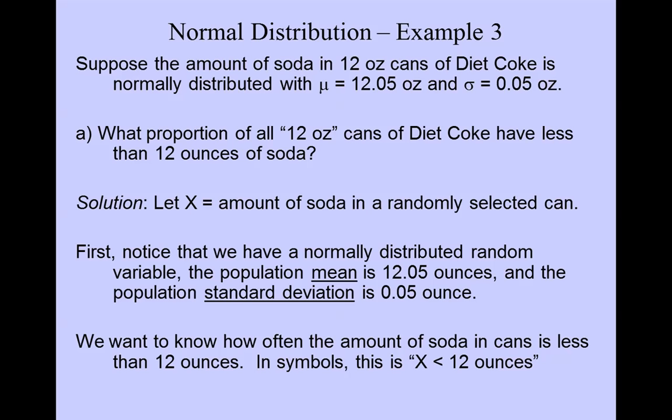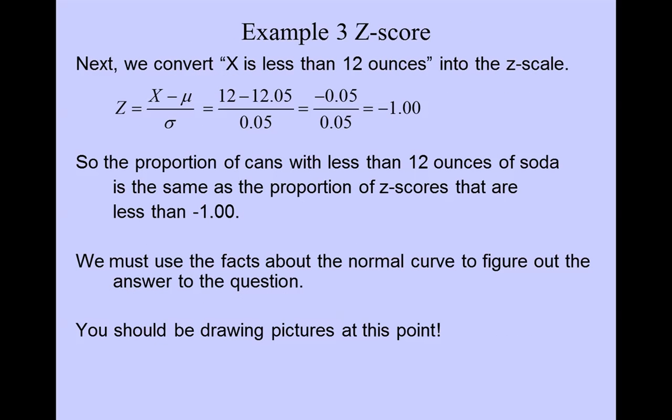We want to know how often the amount of soda in cans is less than 12 ounces. In symbols, this is X less than 12 ounces. Next, we convert X less than 12 ounces into the Z-scale. Z equals X minus mu over sigma, which equals the value minus the mean over the standard deviation.